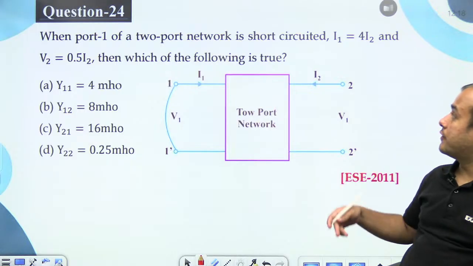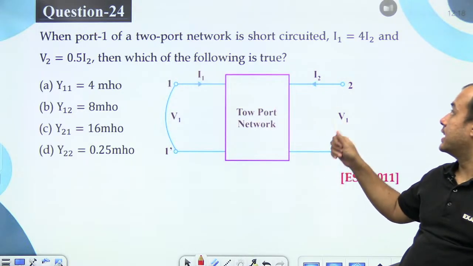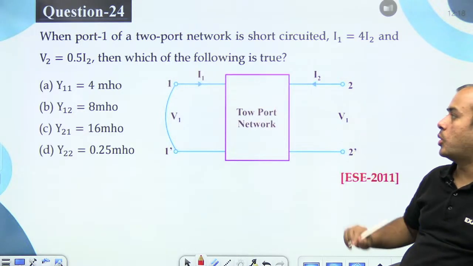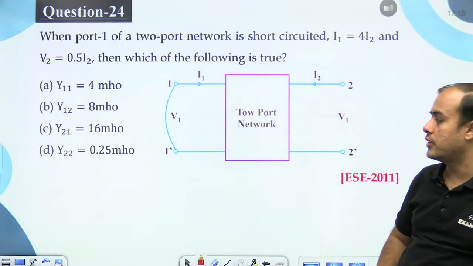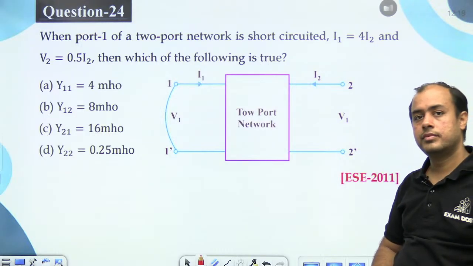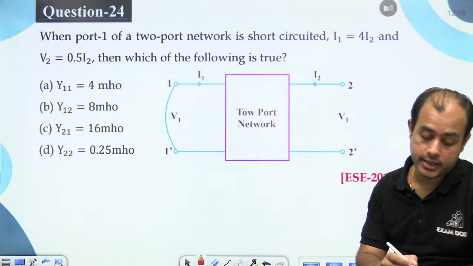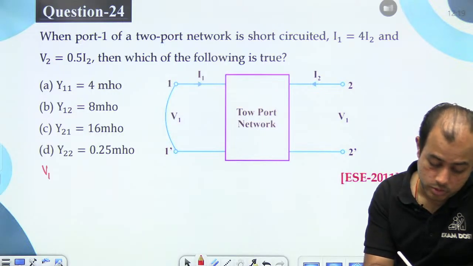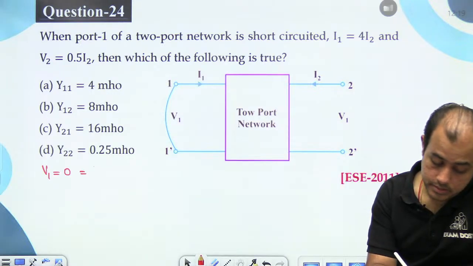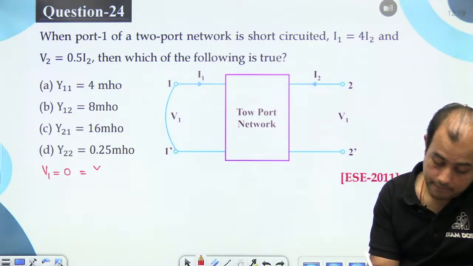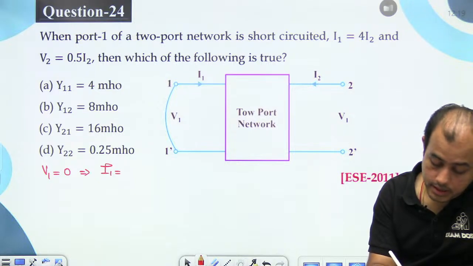When port 1 of a two-port network is shorted, I1 is 4 I2, V2 is 0.5 I2. Which of the following is true? Port 1 is shorted, it means that V1 is 0.